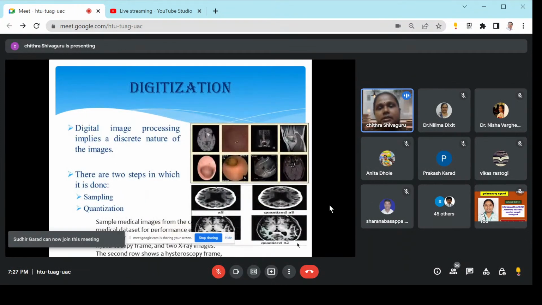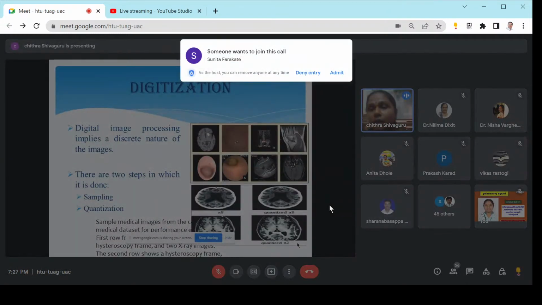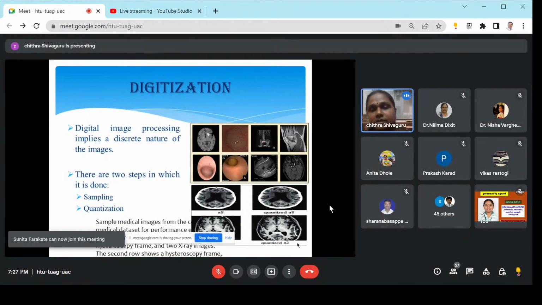Yeah. So this is the thing. Once we get the images as a result of image acquisition, they go for digitization. As we all know, the computer processes everything in digit format, zeros and ones. So the images captured by the previous steps should be converted into digits.